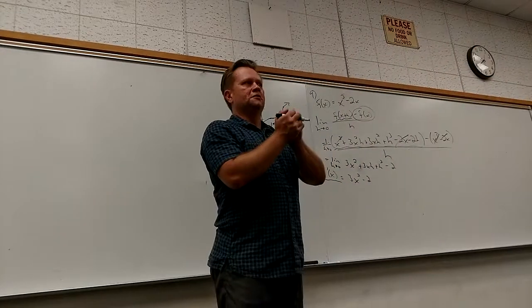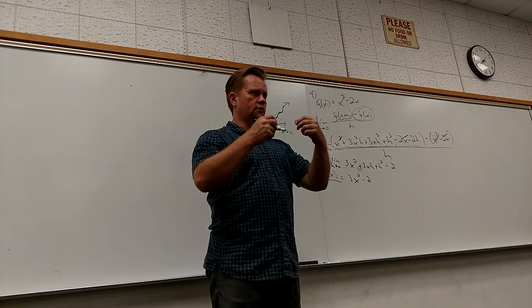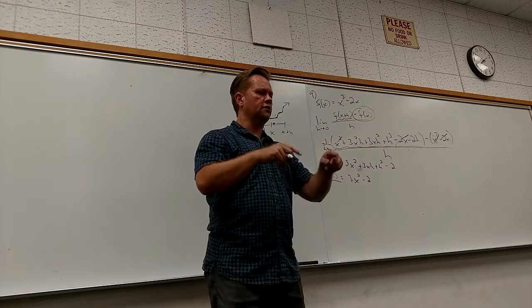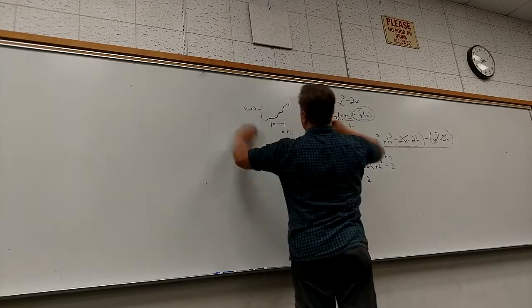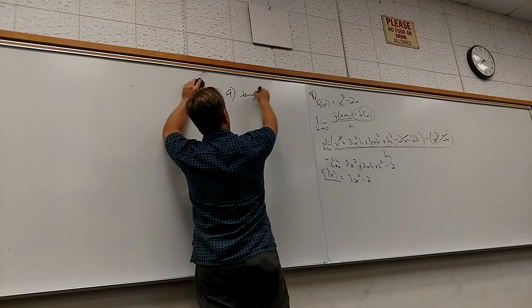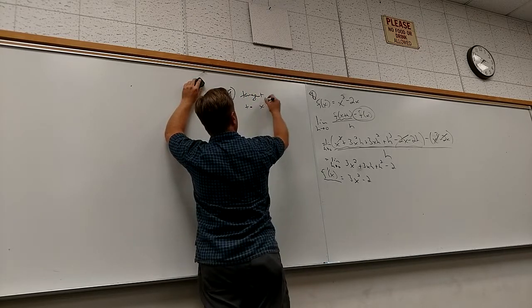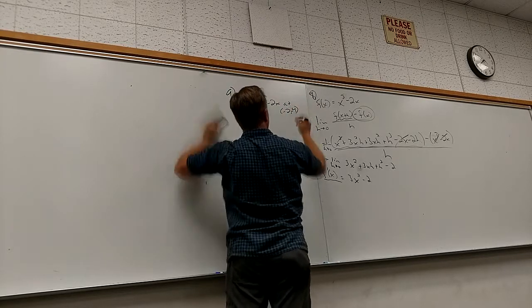So what does this problem really want from me? It wants the tangent line. I think I just did 8. Oh well, now this is 8. 9 says, what's the tangent line to x cubed minus 2x at, was it negative 2, negative 4? Is that right?